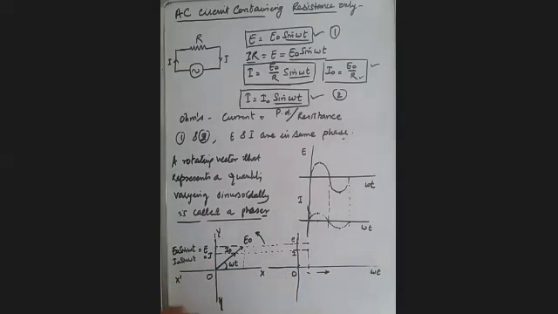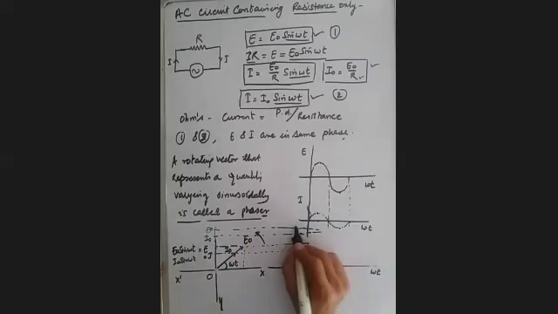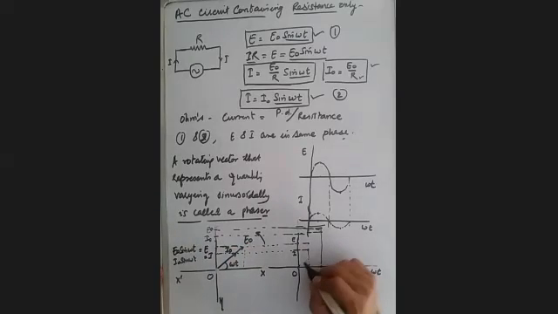So this will be the maximum value for E, that is E naught, and this will be I naught. You can project these maximum values and get a point corresponding to omega t here, like this. So we'll get these 2 points.